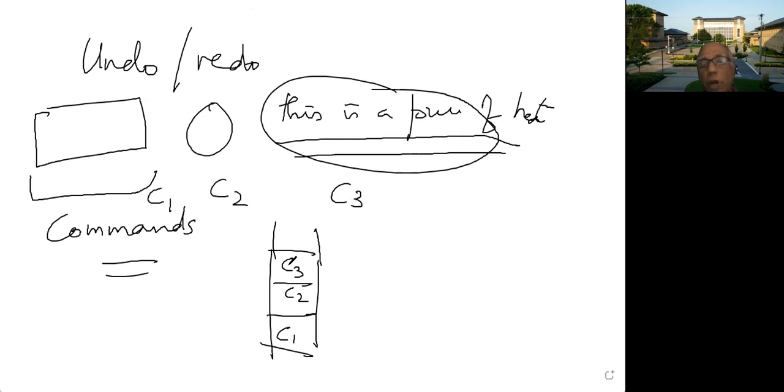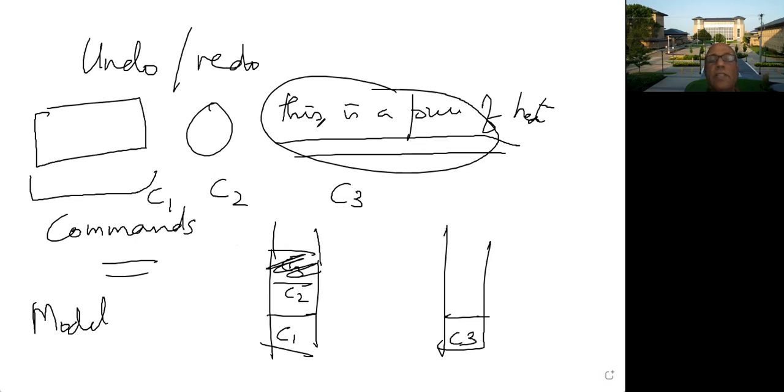What you do is you pop the stack and put that into here. So this C3 goes from here and sits here. And you do something with the model. The model contains essentially these 3 shapes, and we delete the command related to the label. So the model doesn't store shapes anymore, it stores commands, and each command stores the shape.